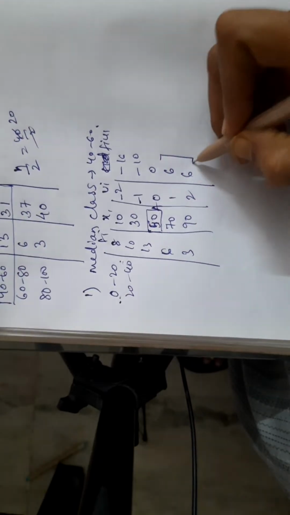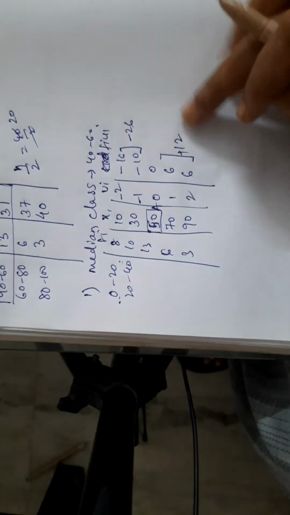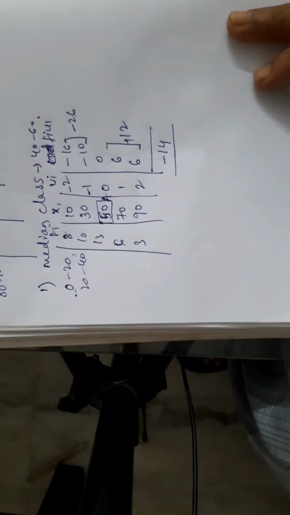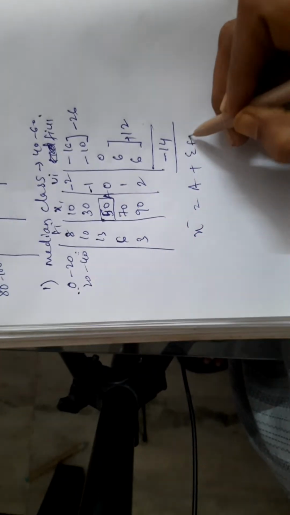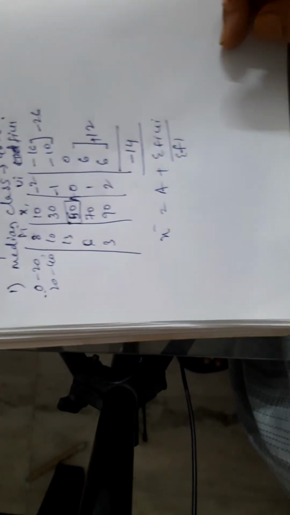Adding positive numbers together, plus 12, negative numbers together, minus 26, then subtracting them, it's minus 14.